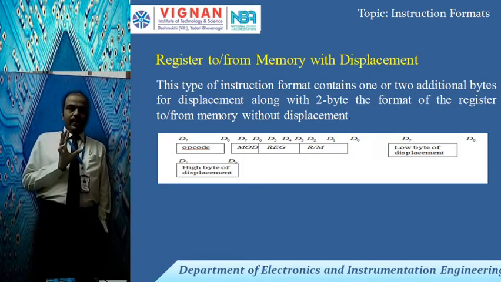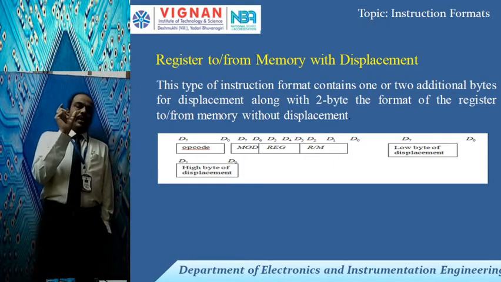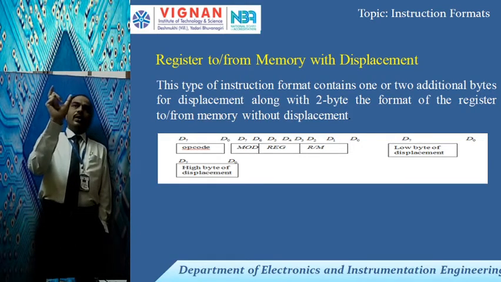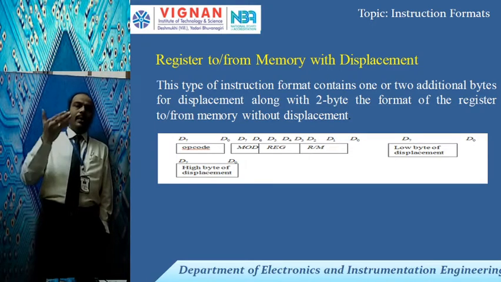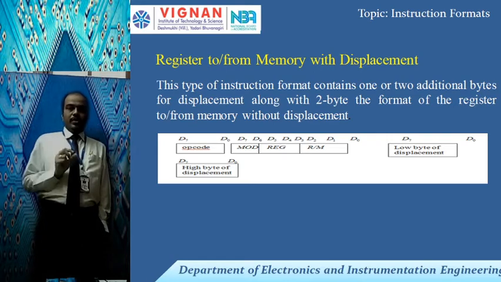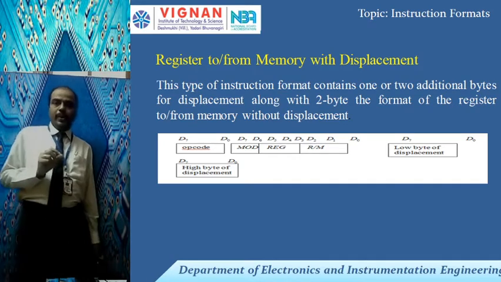So next, the same with some extra content: register to memory or from memory to register with some displacement. We are going to specify the address of the particular data, but sometimes we specify a popular address, and to that popular address we add some displacement, that may be 8-bit or 16-bit displacement.